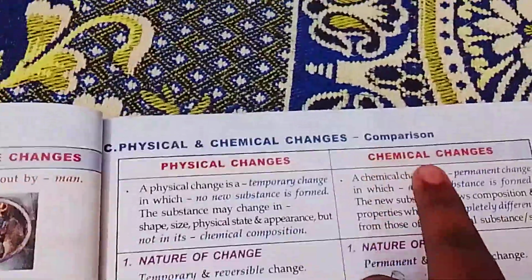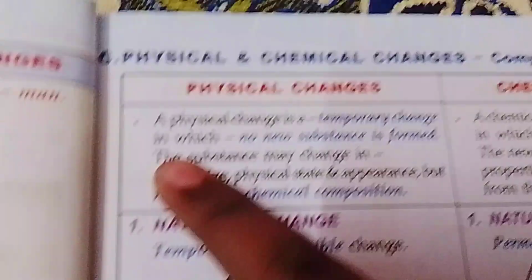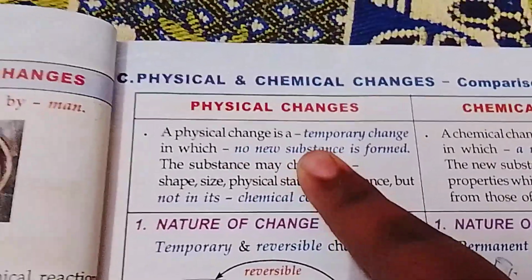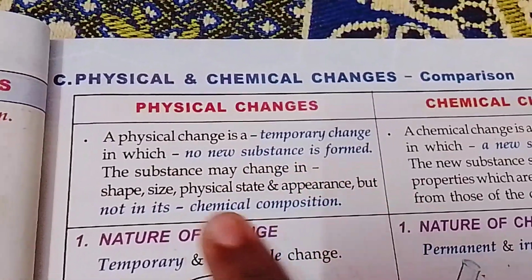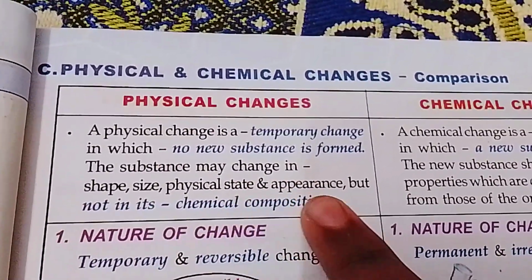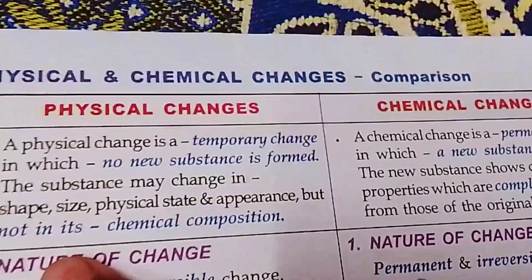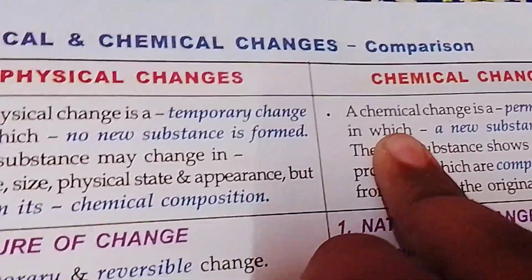Physical and chemical changes comparison. Physical changes. A physical change is a temporary change in which no new substance is formed. The substance may change in shape, size, physical state, and appearance, but not in its chemical composition.